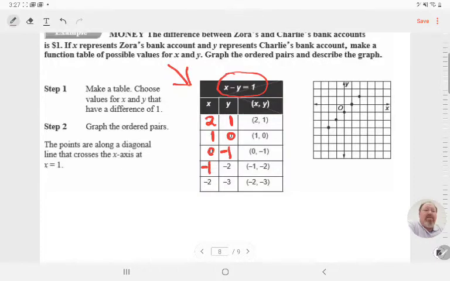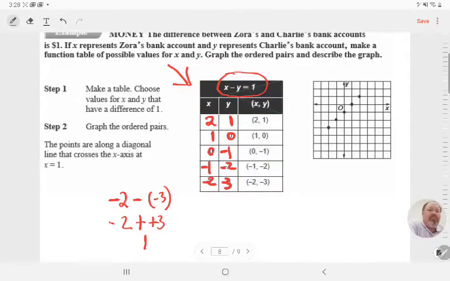Negative 1 and negative 2 would end up being a 1, and negative 2, negative 3 would end up being a 1. For example, negative 2 minus a negative 3: keep, change, change, and so that would give me a 1.